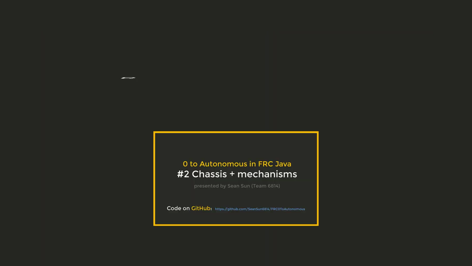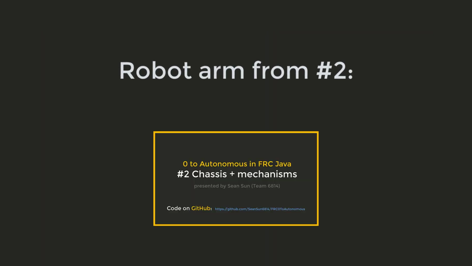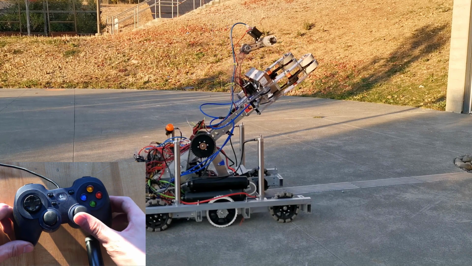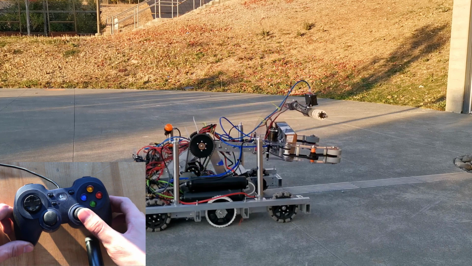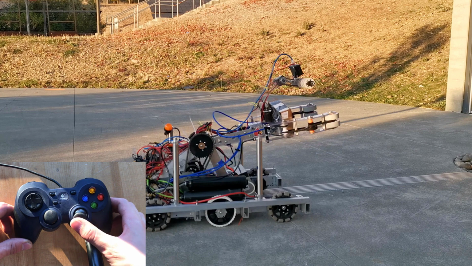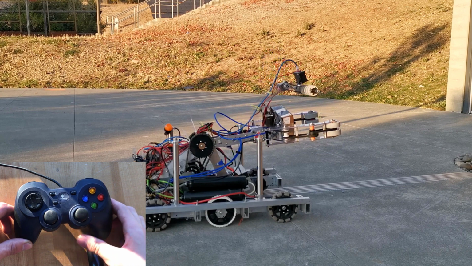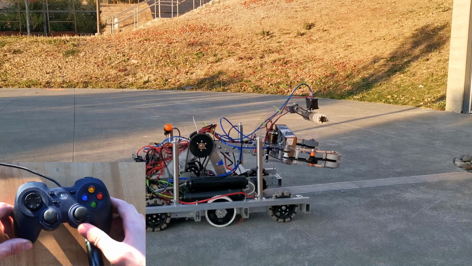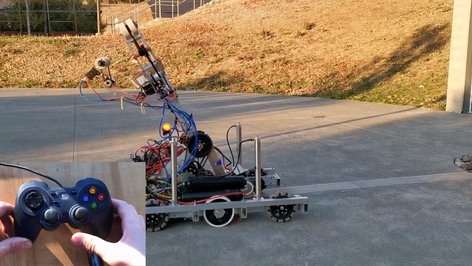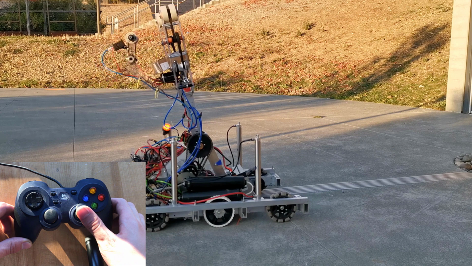Let's start by continuing our discussion about the robot arm we created in the last video. During matches, when we're placing or grabbing game pieces, the arm needs to rotate to a certain angle to reach the game elements. But if you try to do this with a joystick, it's actually surprisingly hard. First, the robot is sometimes really far away that drivers don't get a clear view of where the arm is at.